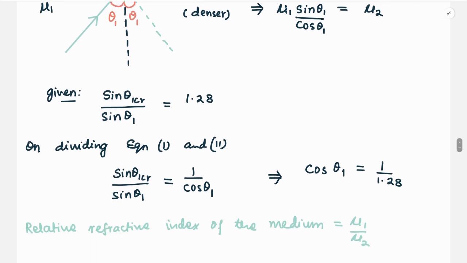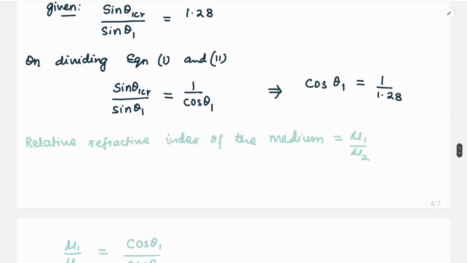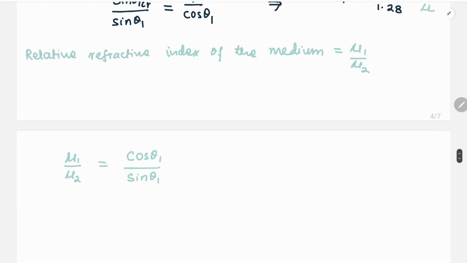we can write from here that mu1 by mu2 equals cos theta 1 by sin theta 1. So cos theta 1 we have equal to 1 by mu, so we will calculate it in terms of mu.